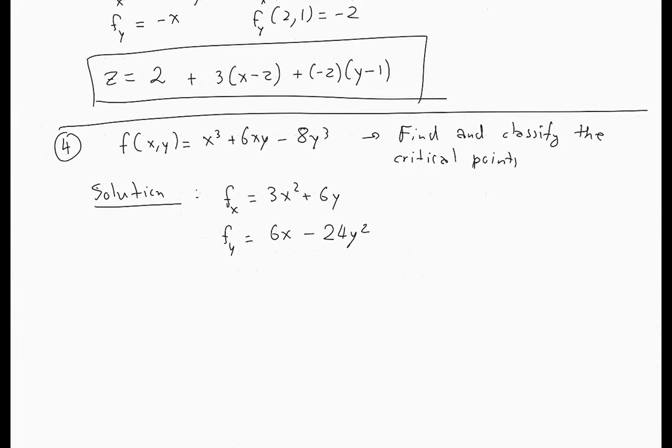Okay, and here we have a very simple situation. You just need to solve for one of the two variables and plug into the other equation. I think it's a little simpler to solve for x. Solve the second equation with respect to x. You will get x is equal to 4y squared, right? Divide by 6 first, and then take this 4y squared and plug it into the first equation.